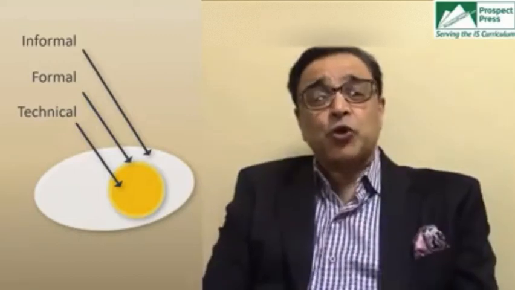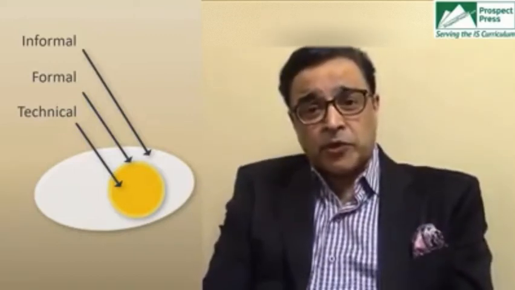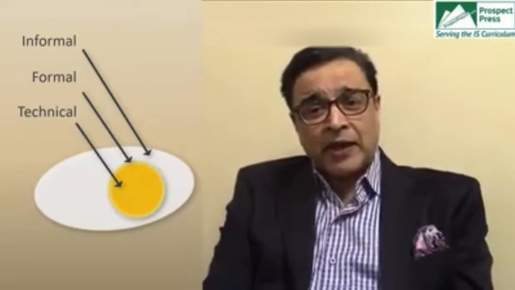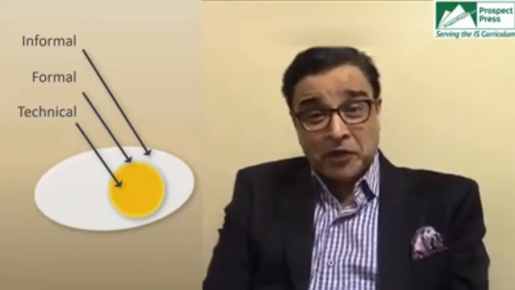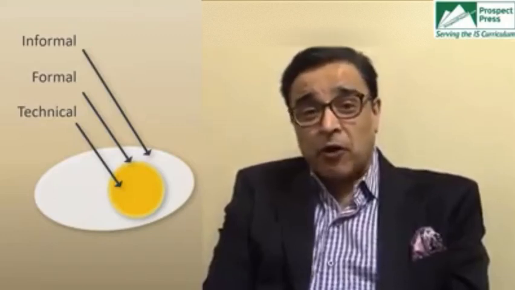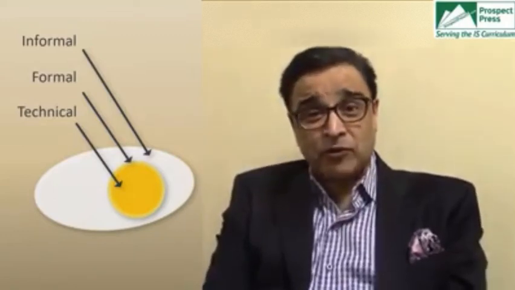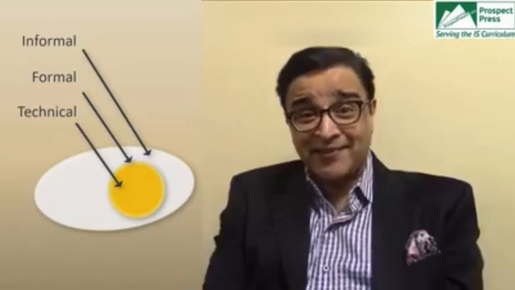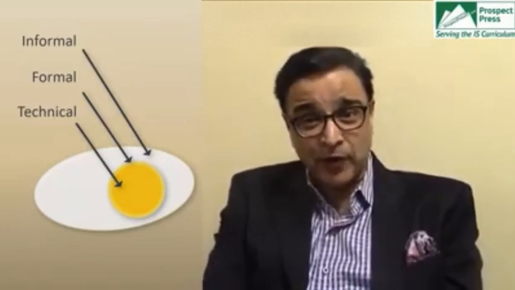So in totality, when you talk about information security, you're talking about maintaining the integrity of that particular fried egg. On its own, it's not there. If you have to protect security, you have to focus not only on the technical aspect, but also on the formal aspects, as well as the informal behavioral aspects in the organization.